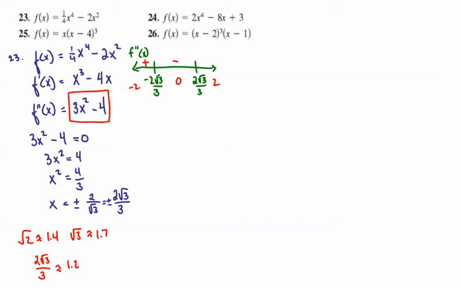Plugging in 2, we get positive. So we're concave up, concave down, concave up, and since this function is continuous everywhere, we have x equals plus or minus 2 root 3 over 3 are points of inflection.